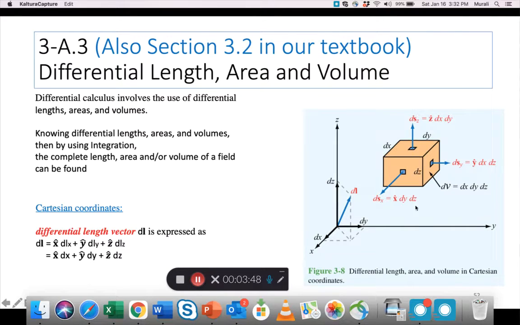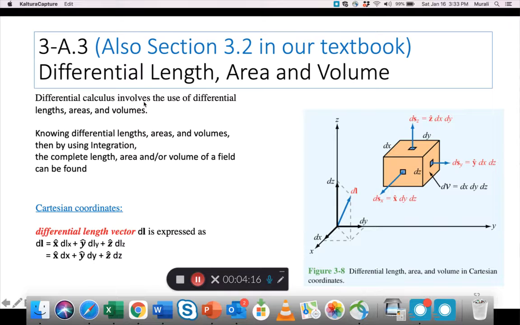Similarly, you can imagine a volume which is the product of all three dimensions as dv equals dx, dy, dz. Now, each of these is what we are going to look at not only in Cartesian coordinates but also in cylindrical and spherical coordinates. Okay? All right. So let's get started in this section a little more deeply.